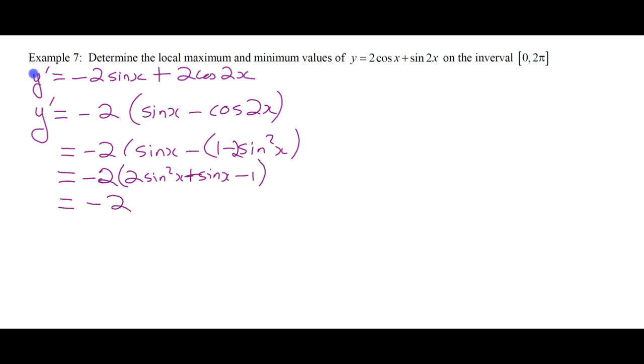Okay, so does that factor? What do we got? Like 2x squared plus x minus 1. So 2 sine x and a sine x plus 1 minus 1. Does that work?